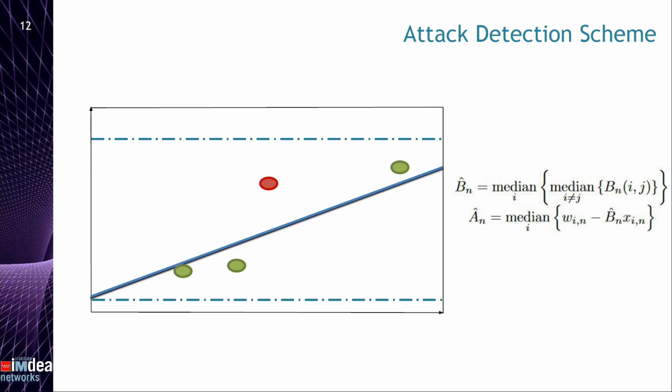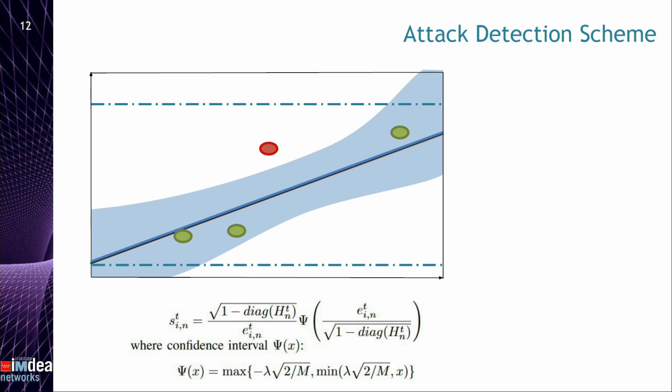And then a repeated median regression is carried out to identify outliers among the updates in the current run. After that, based on the normalized residue from repeated median regression, we employ the ERLS scheme to generate the confidence interval, which you see as the blue area, and each parameter's confidence value.